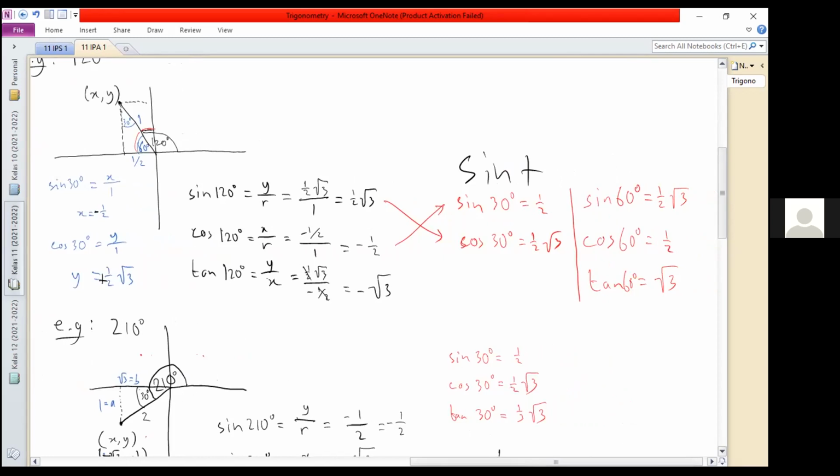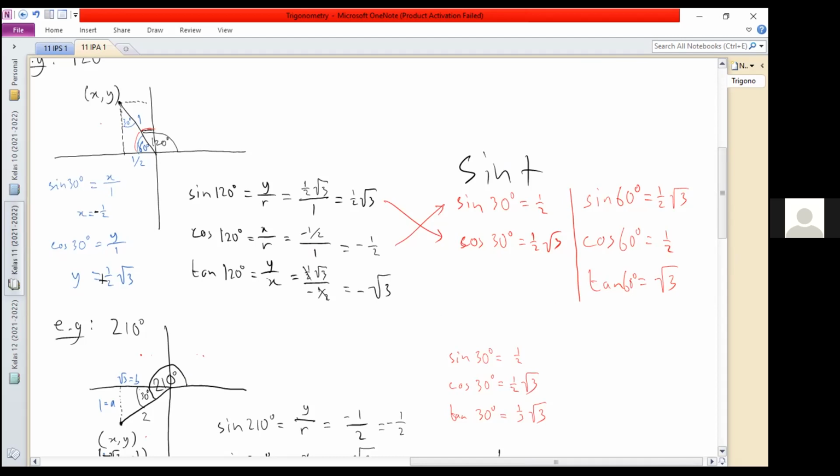In this case, if we choose 30 degrees, we will get the same values, only different signs. So why? In the first case we chose 60 degrees, and in the second case we chose 30 degrees. Actually, the factor is which of the axes we are choosing to find the related angle.